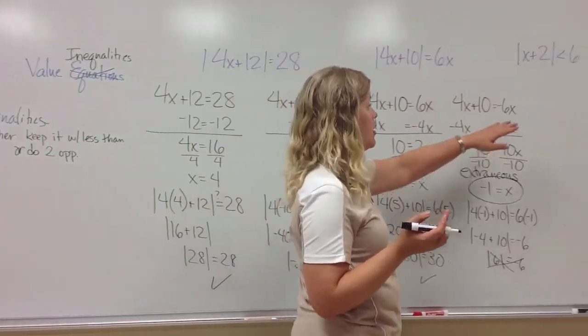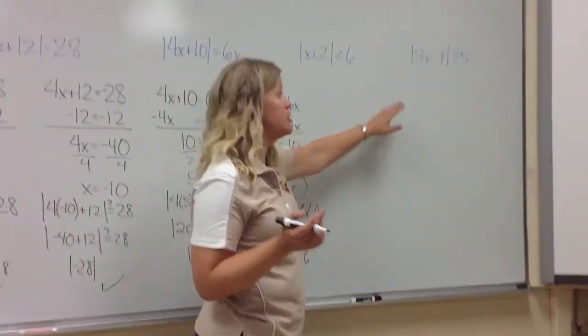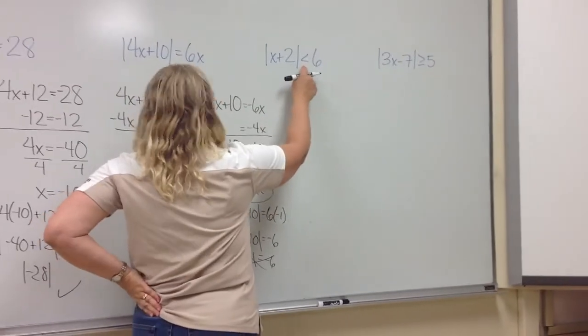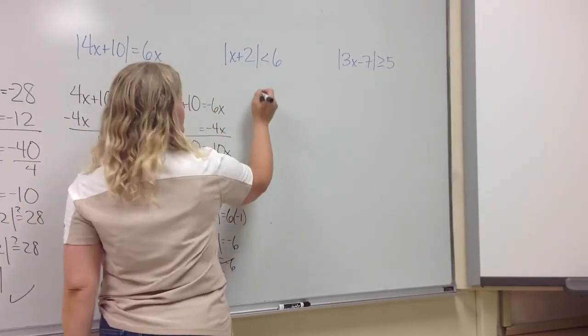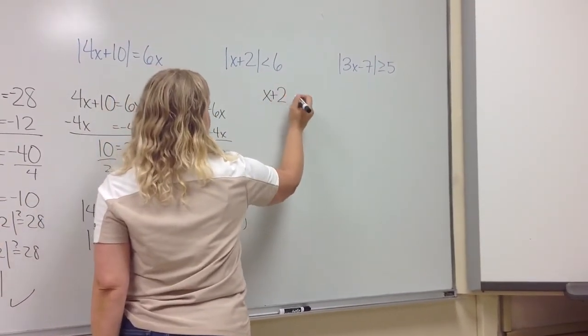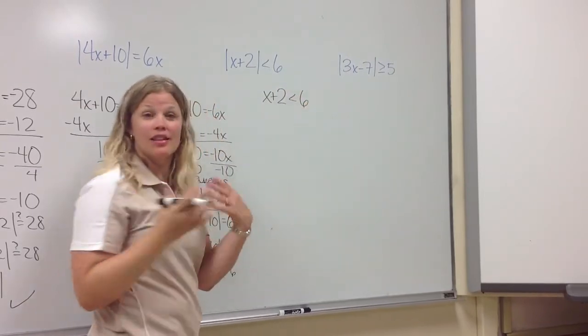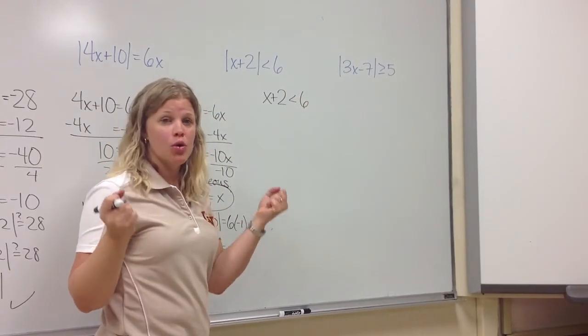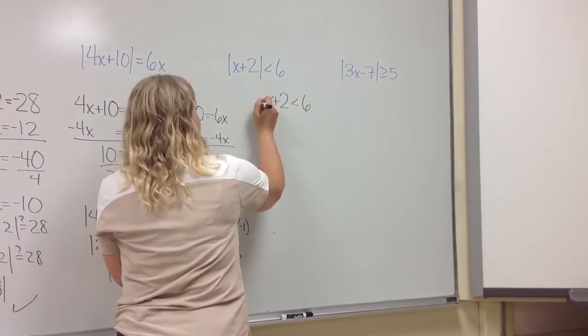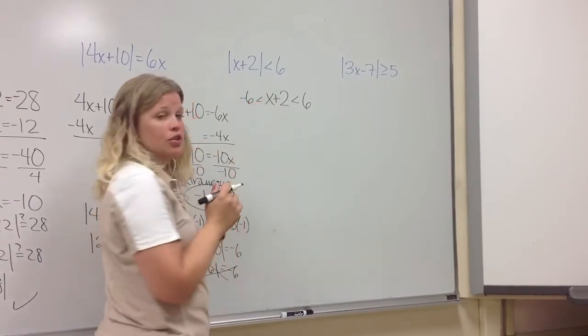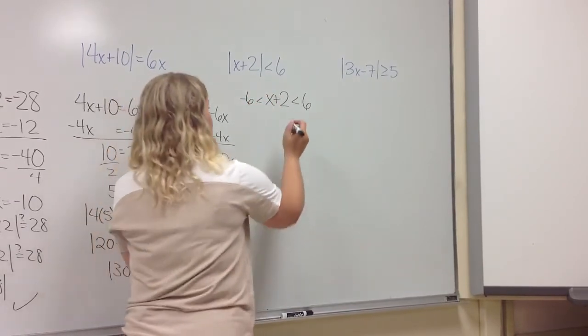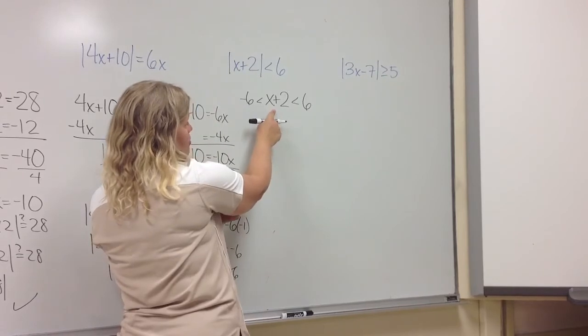So we'll come over here. We just have two quick examples. This one is a less than. If you think back, that means we could write x plus 2 is less than 6. Now less than is the easy one. Woohoo, go less. You just write this and you've got your -6. What do we need to do to get x by itself?